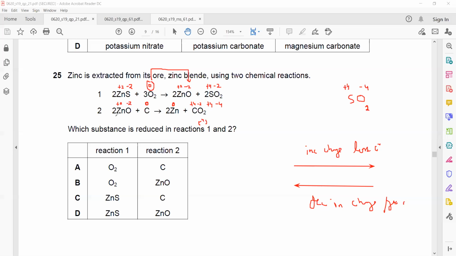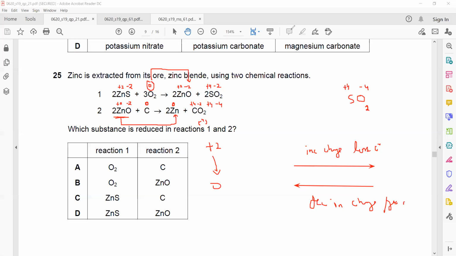Now zinc oxide becomes zinc. The charge was +2; if +2 becomes 0, it means a decrease in the charge. That is why for zinc oxide, or basically for zinc, reduction happened.